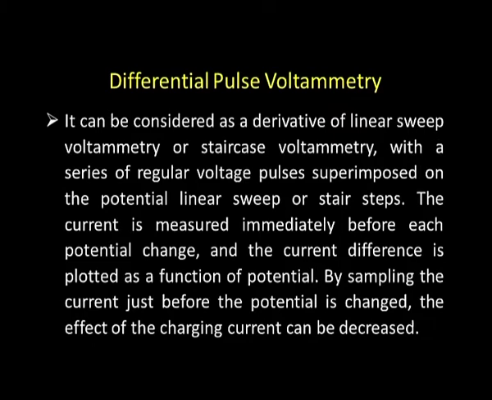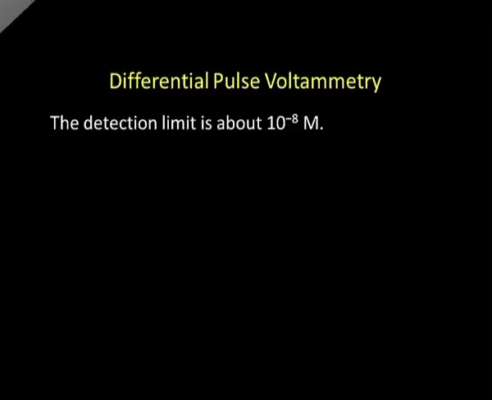The current is measured immediately before each potential change and the current difference is plotted as a function of potential. By sampling the current just before the potential is changed, the effect of the charging current can be decreased. The detection limit in this case is about 10 raised to the power minus 8 molar.